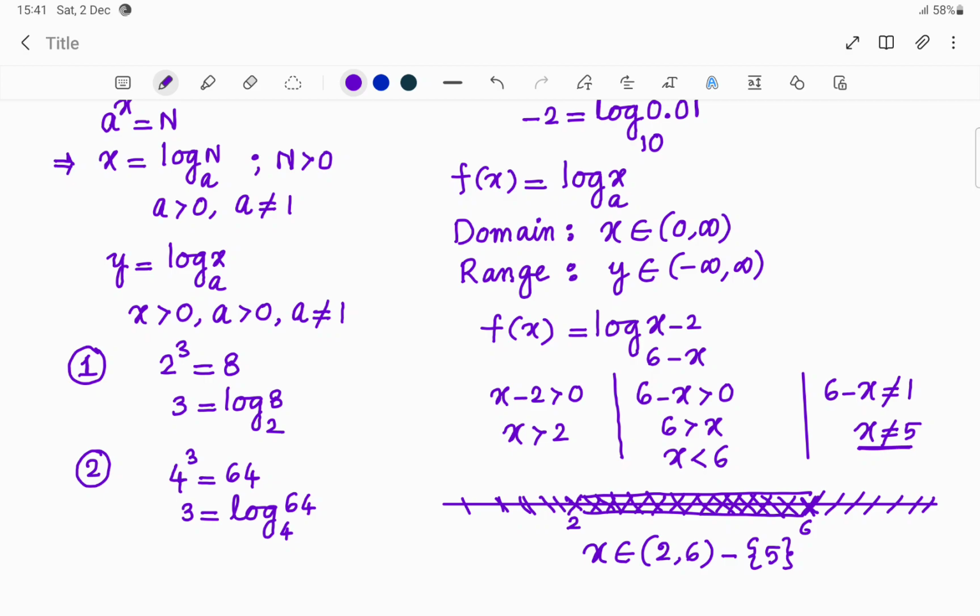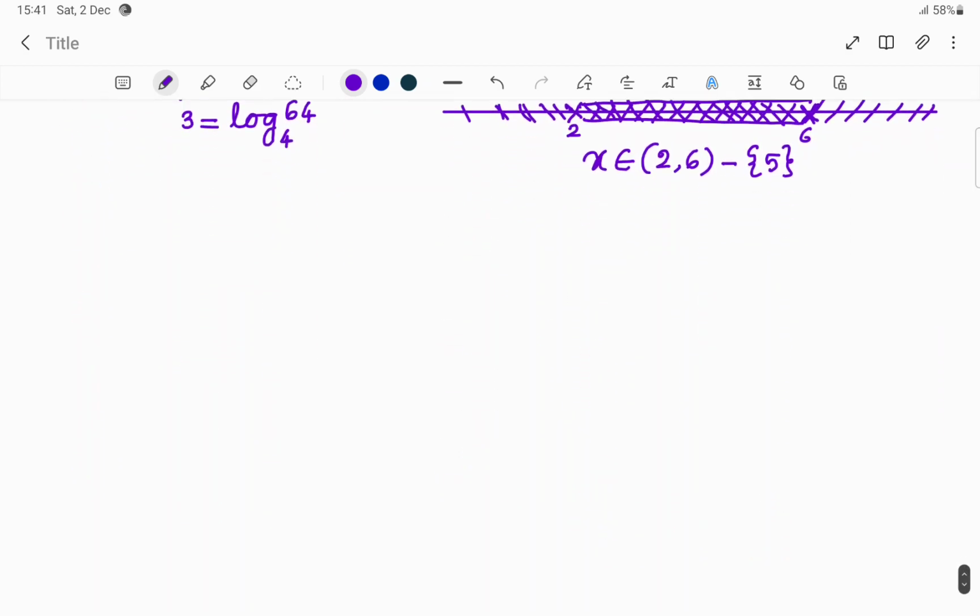Now, let us look at the graph of a logarithm, how a logarithmic function looks like. So here also, based on the value of the base, how the logarithmic function looks like will change.